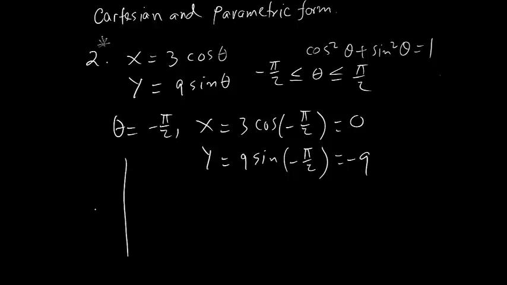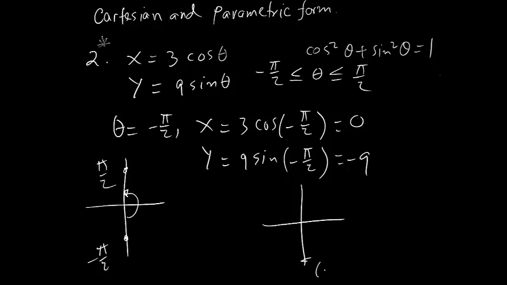And you can remember negative pi by 2 will be here, and then pi by 2 will be here. So we are going from negative pi by 2 to pi by 2. That means 0 is in between, isn't it? So then our angle is here on this. And in the Cartesian form now we see that x is 0 and y is negative 9.